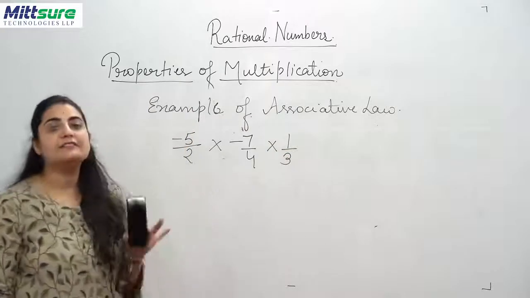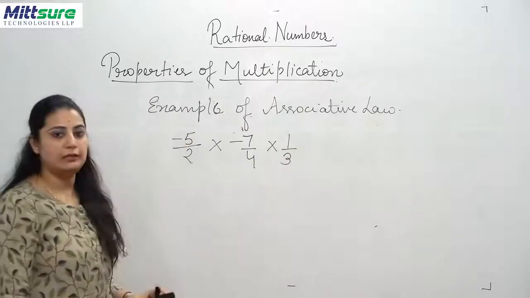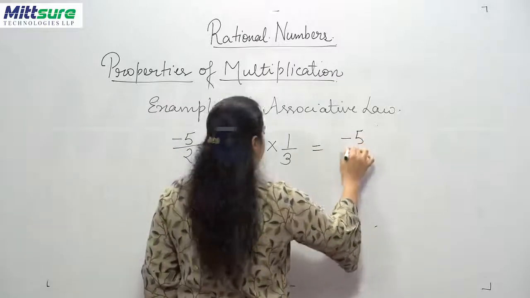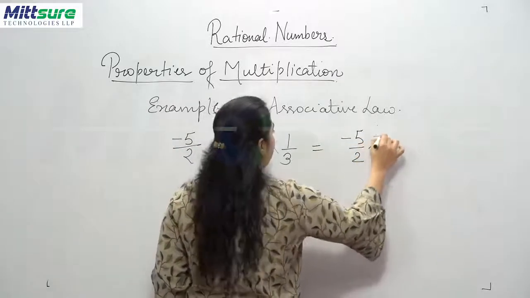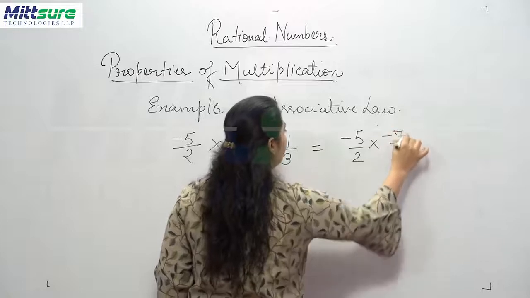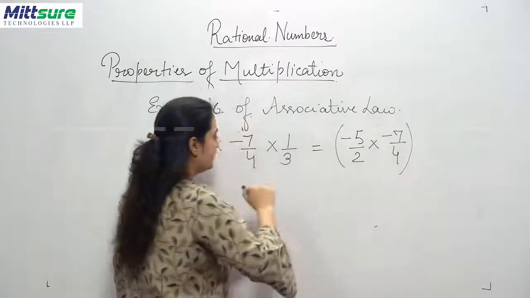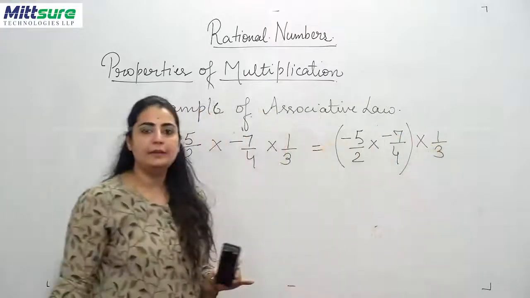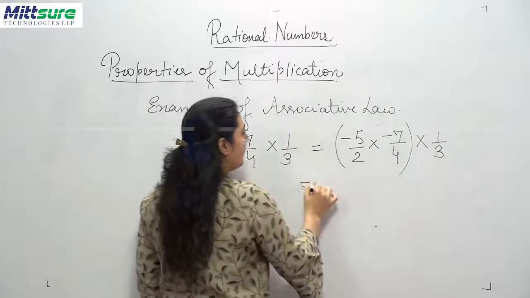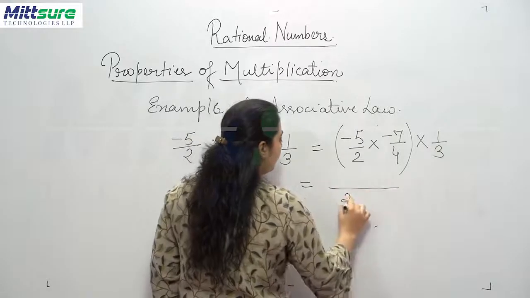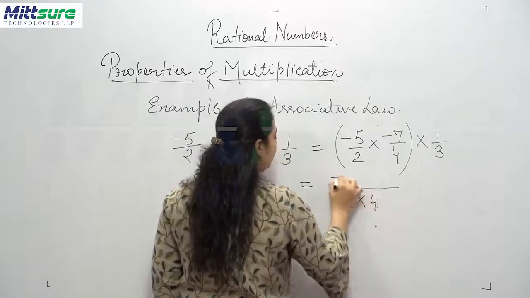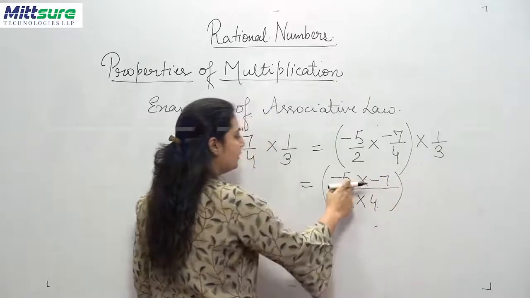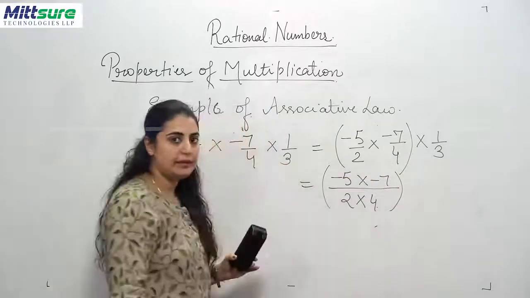Now I will take the first association and find out the product. Minus 5 upon 2 multiplied by minus 7 upon 4. This is my first association. I will keep 1 upon 3 outside the bracket. Clear? Now, 2 multiplied by 4, minus 5 multiplied by minus 7. So, the numerator is multiplying the numerator.